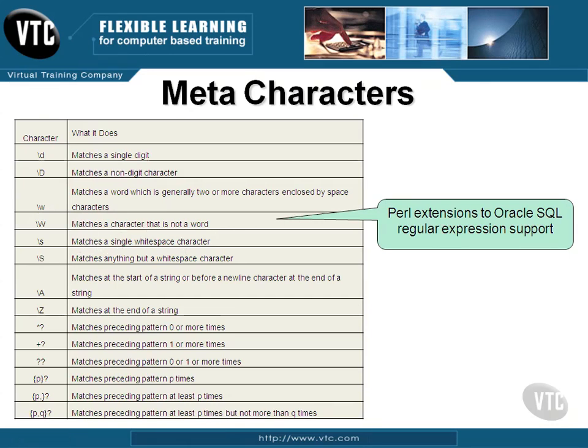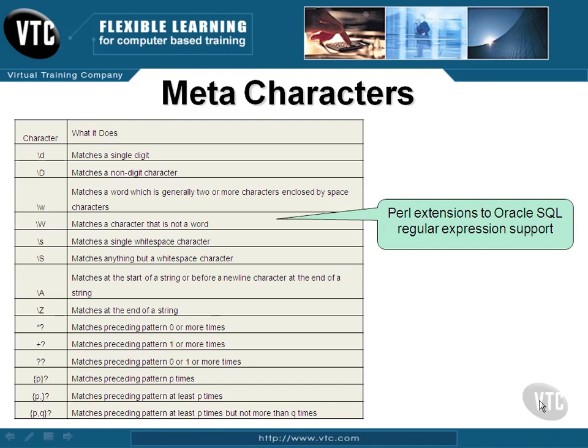Matches anything but a white space character. And so on and so forth. There's an innumerable number of combinations of different things. We don't need to get into the details. What we're trying to do is introduce you to regular expressions in Oracle SQL, searching strings for patterns, or pattern matching in strings.